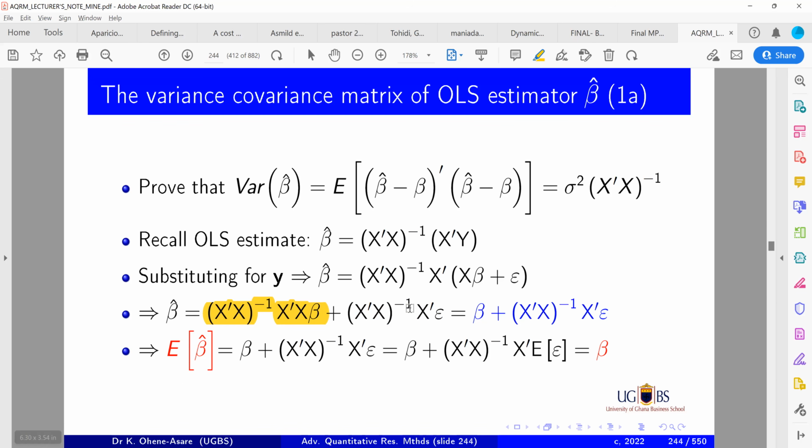So when I take the expected value of everything, the first part becomes beta. But what about the expected value of the second part? Well, we can see the error term is there, and when you take the expected value of the error term, you get 0. So everything multiplying that part is also going to be 0. Therefore, the expected value of the beta cap is the beta.